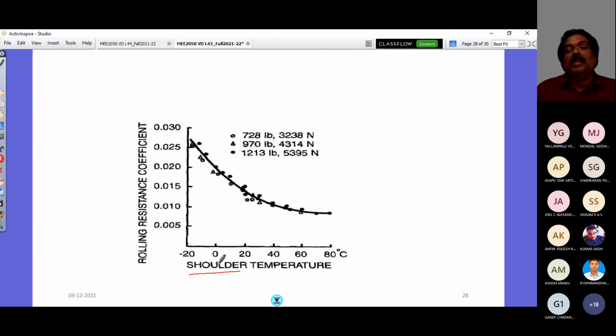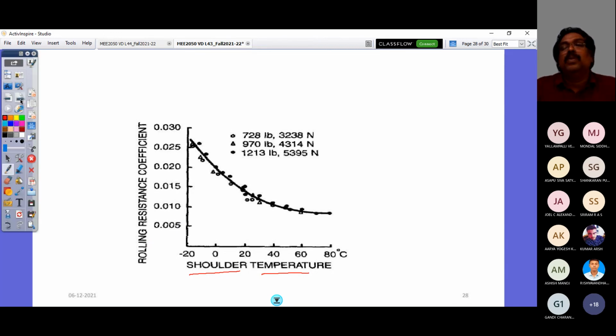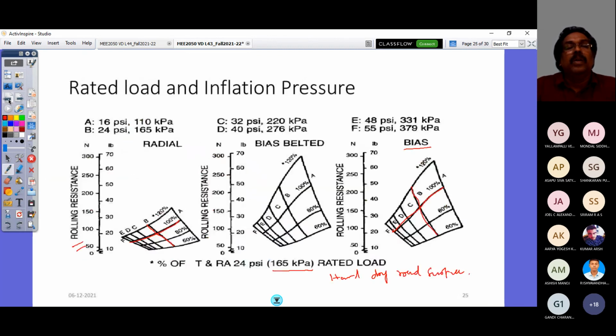The shoulder region dissipation is primarily influenced by the temperature, and as the temperature increases in the shoulder region, your rolling resistance comes down. So in the hot summer sun, if trucks are on the road surface, they would experience lesser rolling resistance, right? That is the contribution from the shoulder region of the tire. So these are things you should be aware of when you talk about rolling resistance.